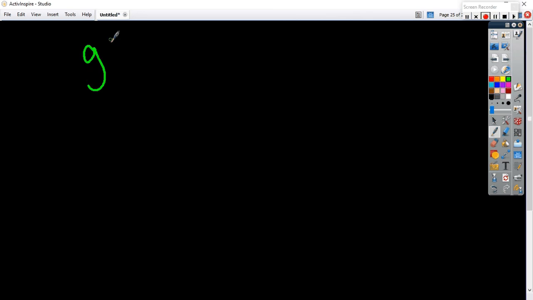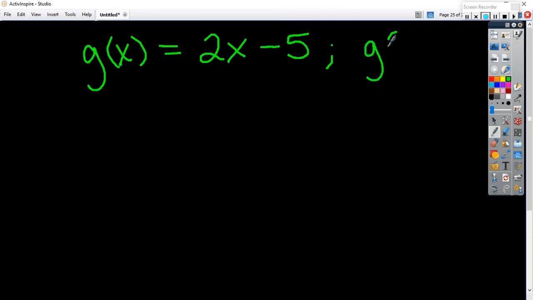What if I said that g of x was 2x minus 5? And I asked you, now this is going to get a little trickier, what is g of x plus 1?